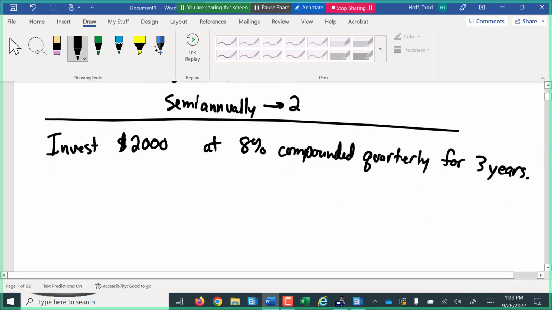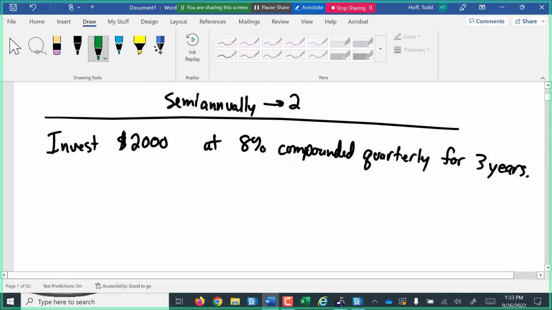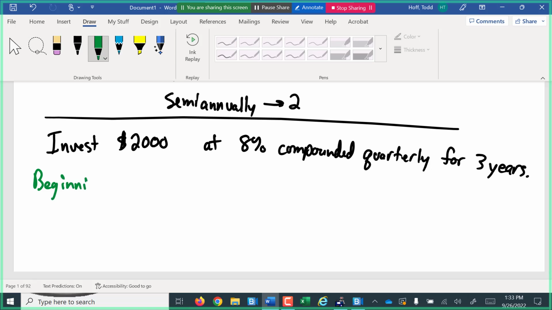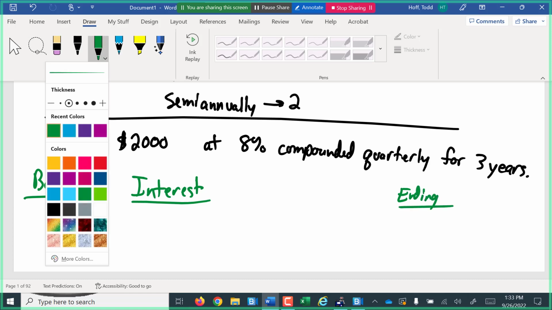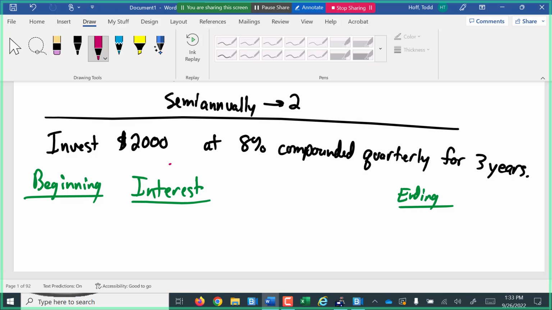So let's look at what is happening here. We're going to start out with a beginning balance every year, figure out our interest, and then get an ending balance for every year. Not even just year, for every quarter, I should say. So for quarter 1, our beginning balance is the $2,000.